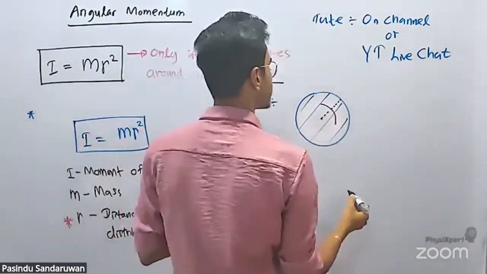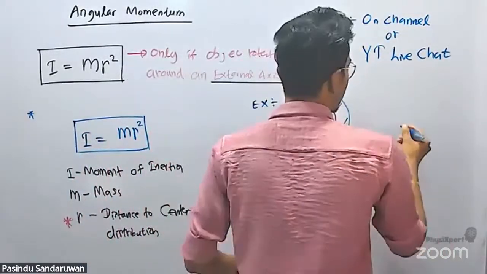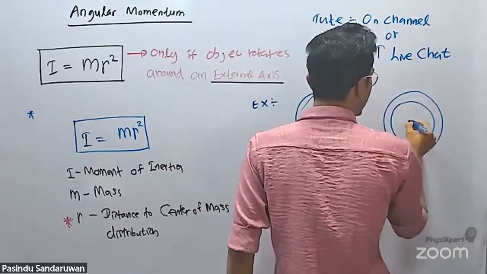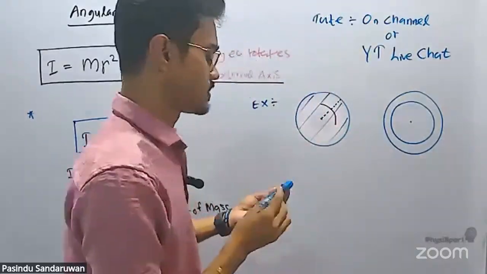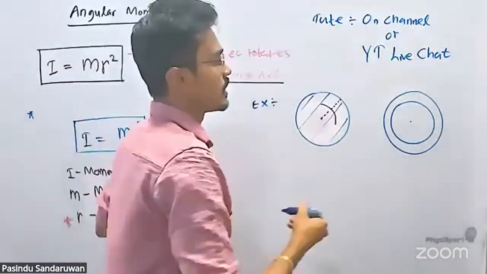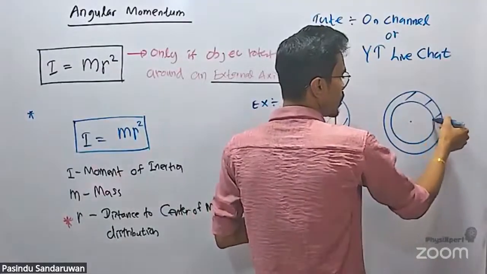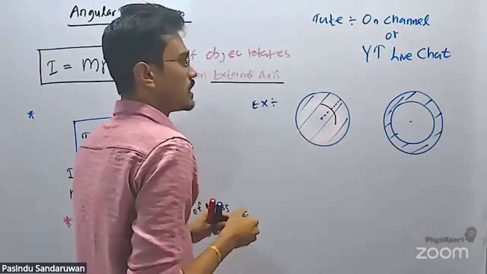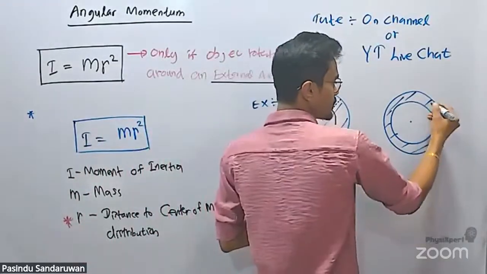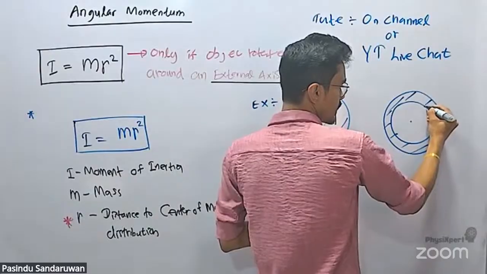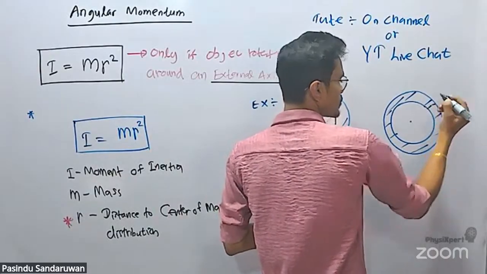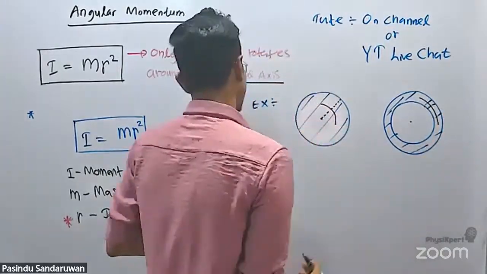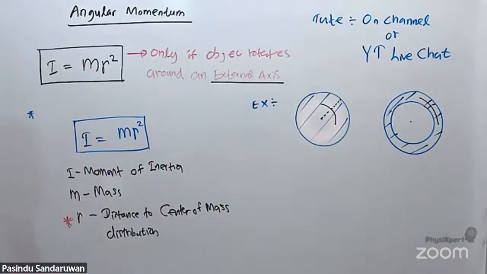On the other hand, let's say I have a ring type object of the same radius. Here mass is distributed only in this part, from here to here only. Then somewhere around the middle of that line, its center of mass distribution is located.